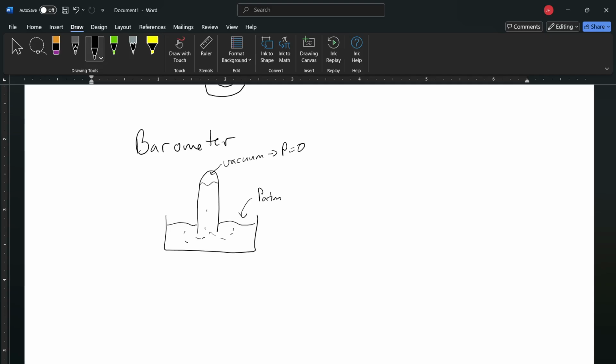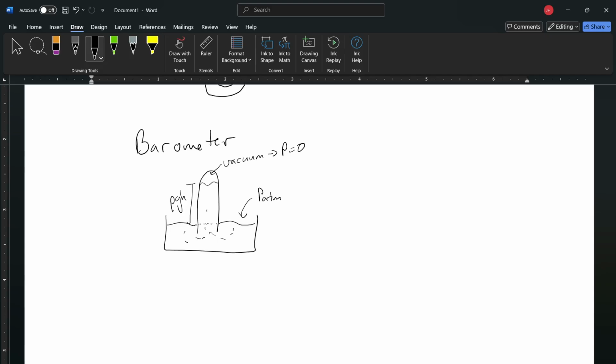Okay, so how do we find then the atmospheric pressure with a barometer? Well, we know that at this level, that is atmospheric pressure because it's at the same level which is open to the outside. We know that the space at the top is at 0 pressure, which means we have this height again of rho GH.